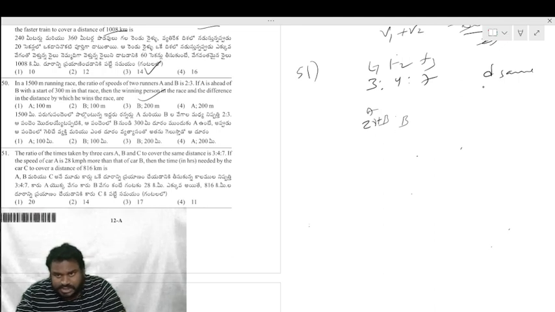Okay, so he's saying D is the same, right? What is the formula for distance, time, and velocity? Distance is equal to velocity into time.